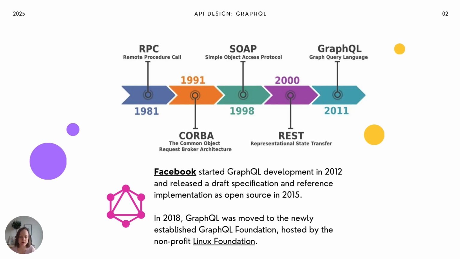REST, that we also go through, originated from 2000, and RPC and the version more recently used, gRPC, is an even older technique. SOAP is almost dying out, however, is still used in some legacy systems.